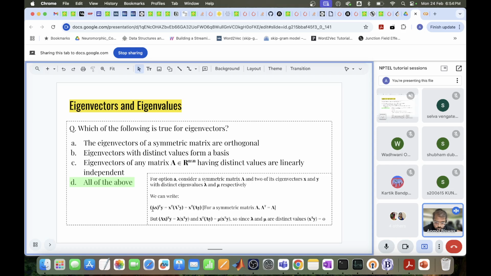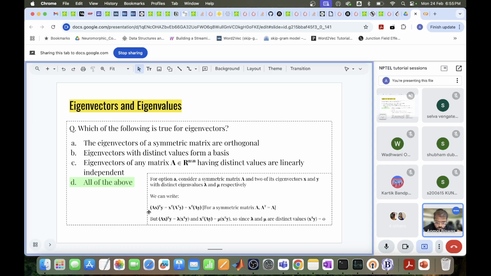But AX is nothing but lambda X, because X is an eigenvector with lambda being the eigenvalue corresponding to it, whereas AY is nothing but mu times Y, because Y is also an eigenvector with mu being its eigenvalue, right?